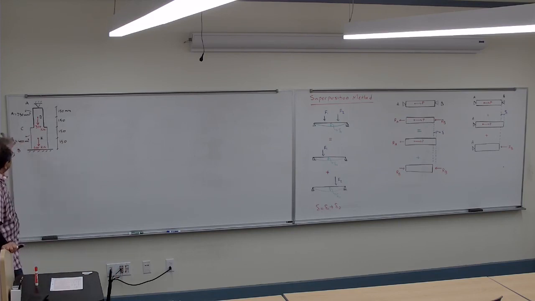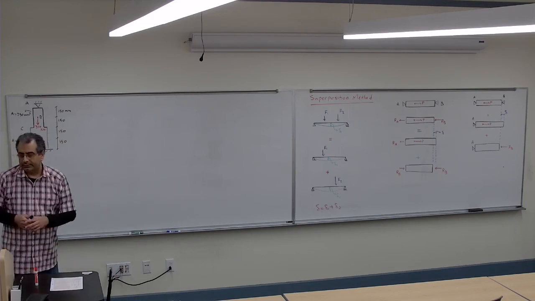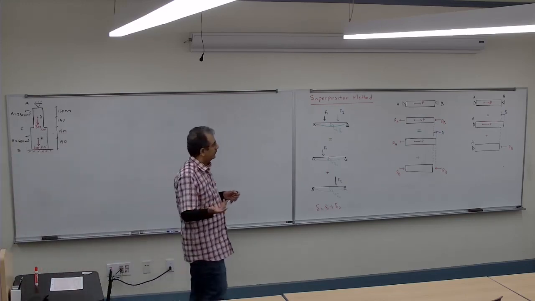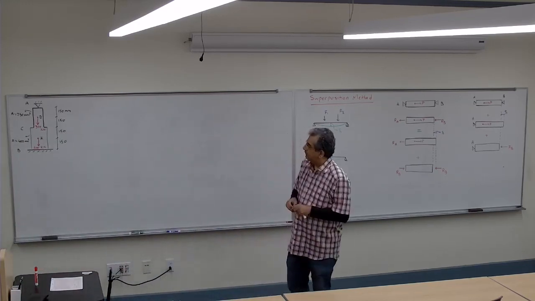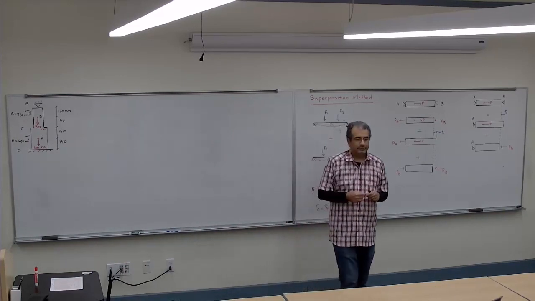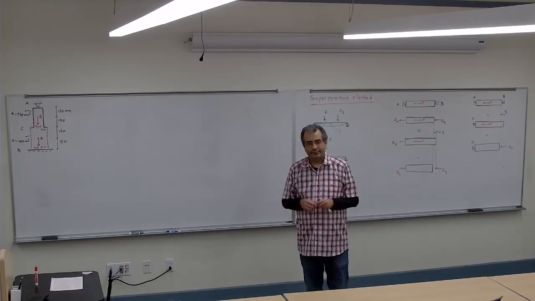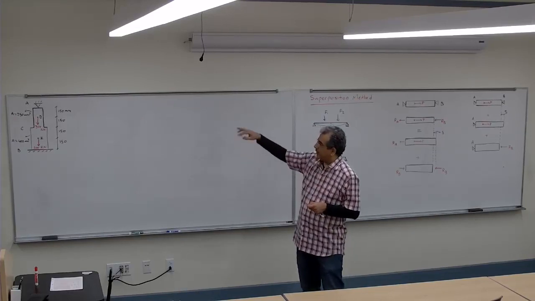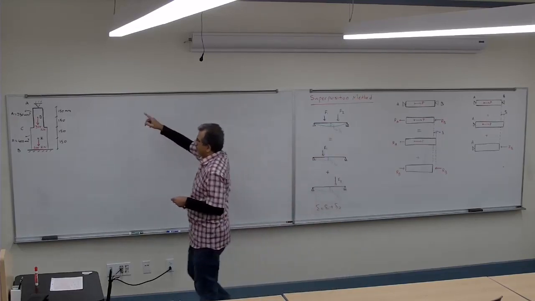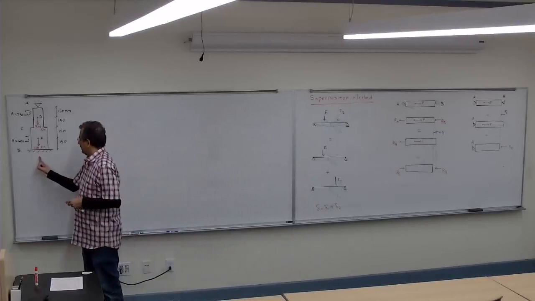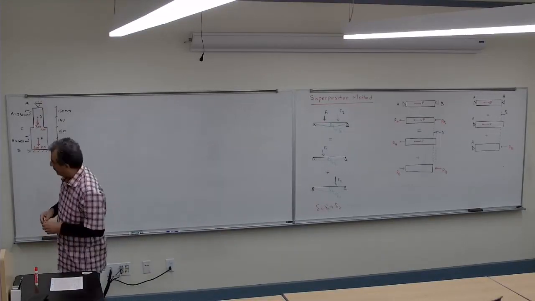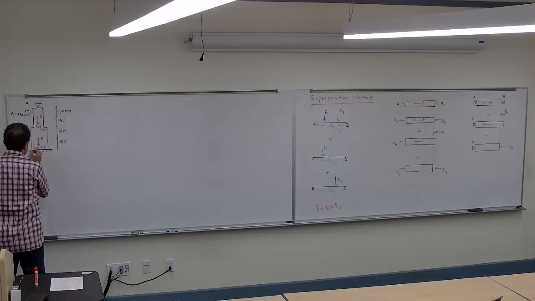So if I want to do the superposition here, I have to eliminate one of the supports. Which support would you eliminate? Right now it's indeterminate because I have one reaction here, one reaction there, and it is just sitting on that surface.